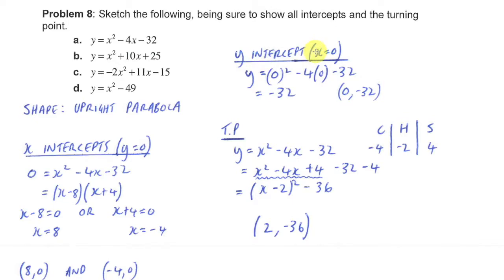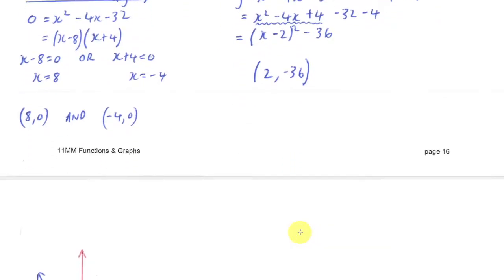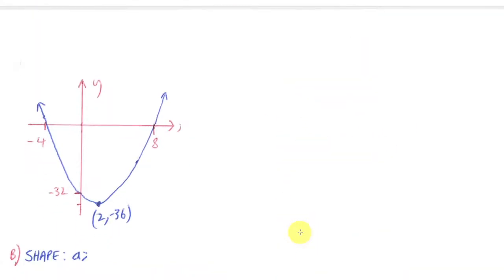Y-intercept, make x equaling 0, get negative 32, and I've got 0, negative 32. Where does the turning point occur? I use the completing the square method, and I establish that it's 2, negative 36. So that's all the information I need, and I can draw a graph. Here it is.